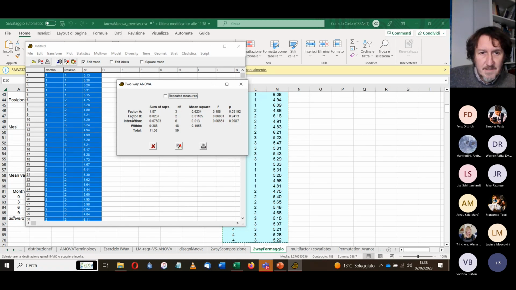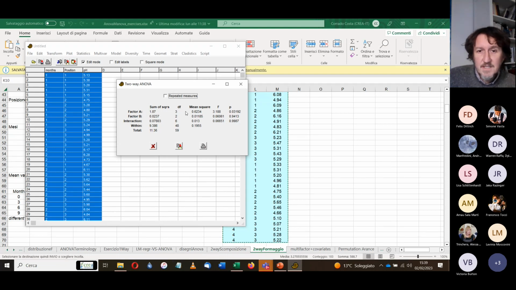We have to look at factor B. Factor B is the position, not significant, so no effect of the position of the pH within the cheese. And factor A instead is significant, so there is a significant effect of the month, so the maturation of the cheese.